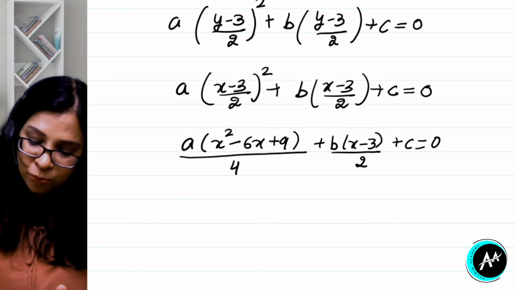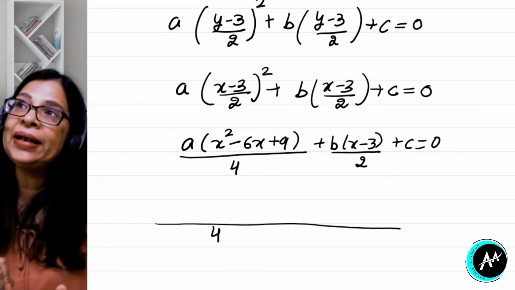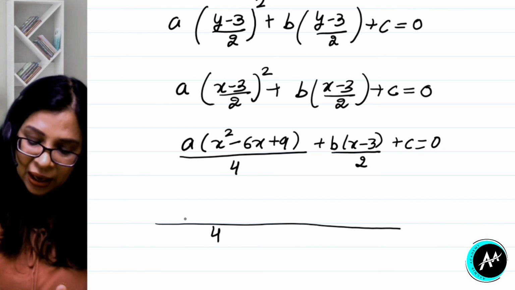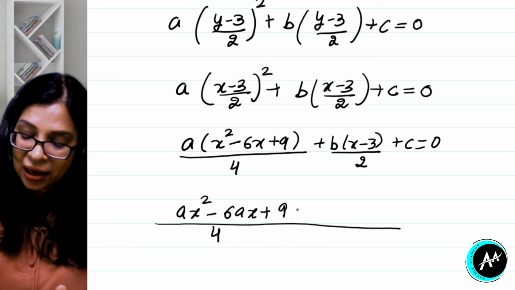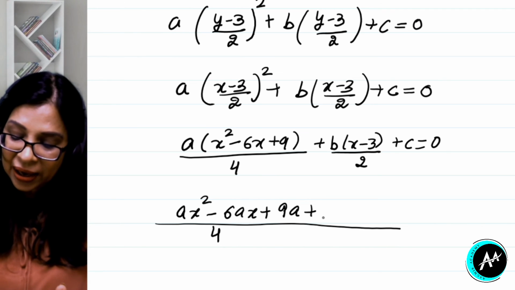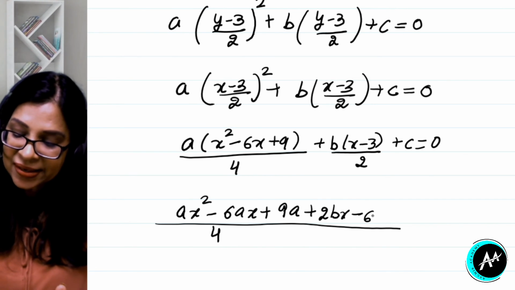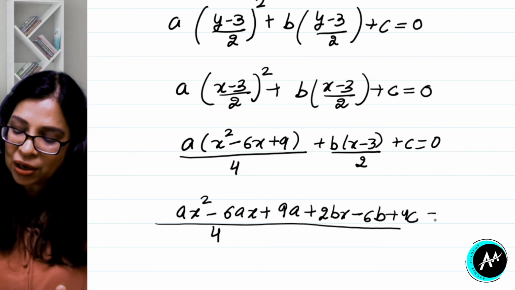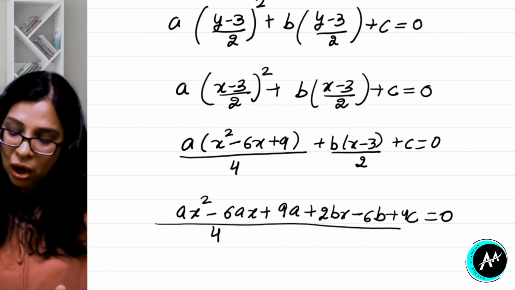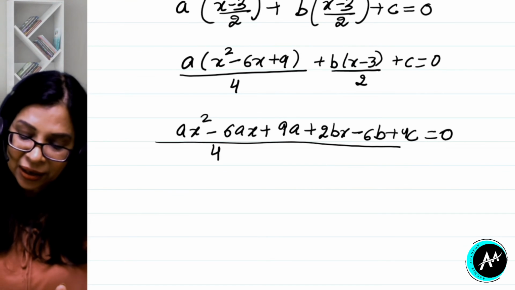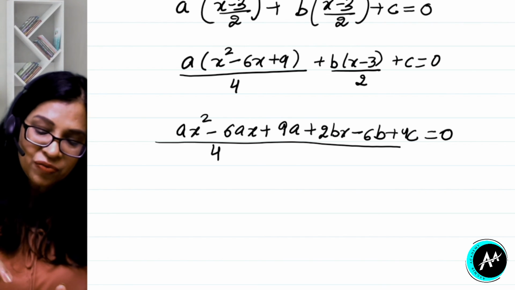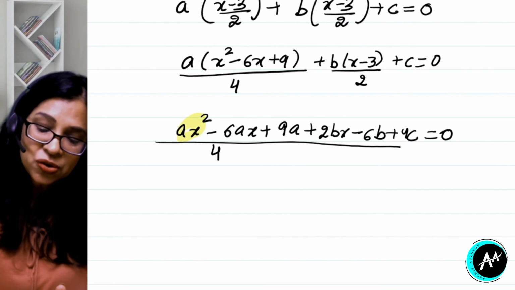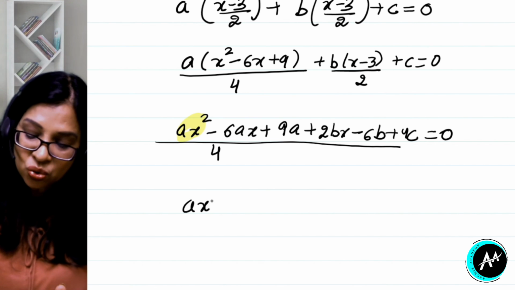The next logical step would be to take the LCM. If I take the LCM, what do I get? ax square minus 6ax plus 9a plus 2bx minus 6b and plus 4c equal to 0. Now you can cross multiply. Let us combine the powers of x. We have only one term containing x square, which is this one. So the first term would be ax square. Then we combine terms involving x.